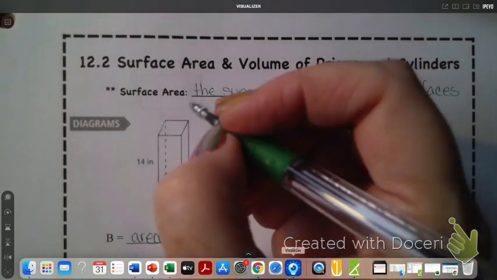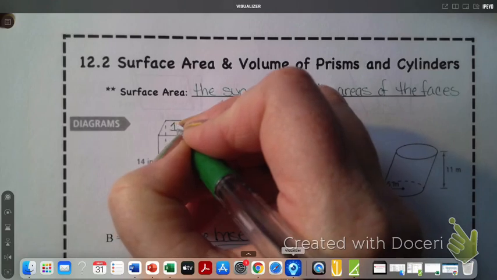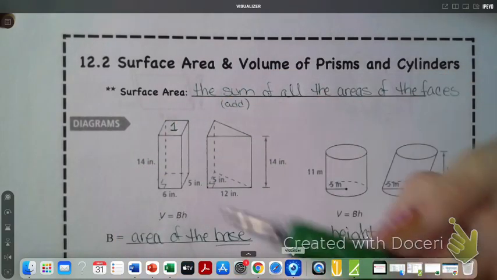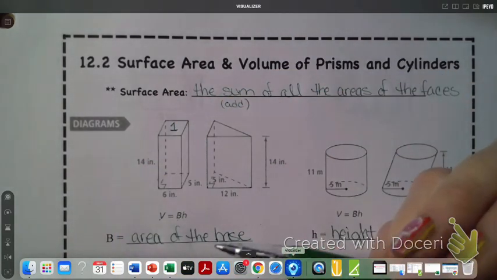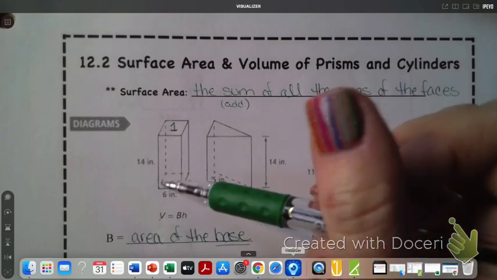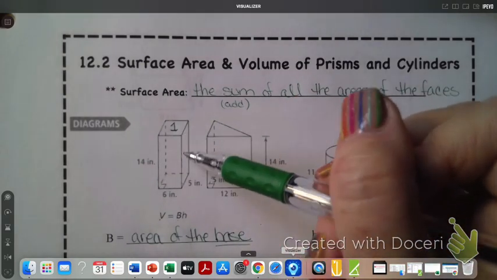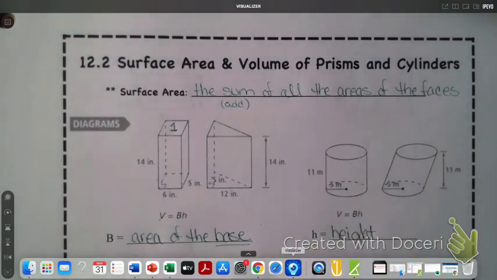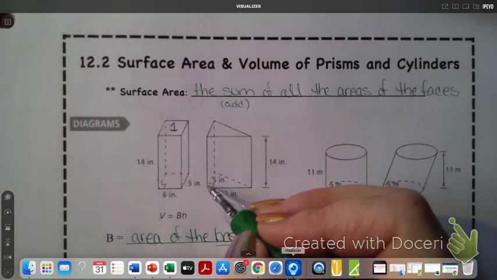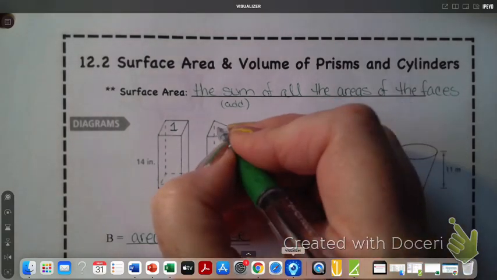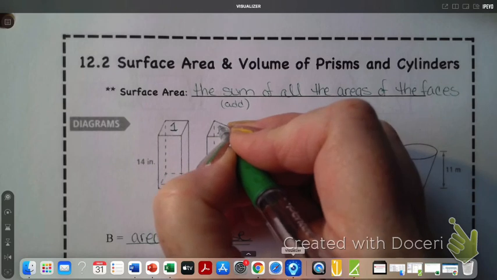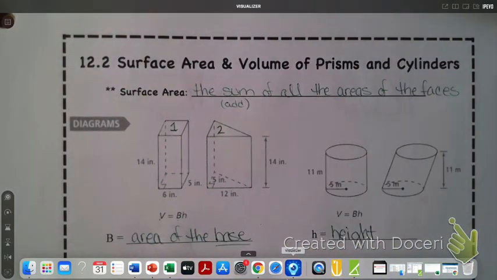So this first one I'm going to put as a 1. That is a rectangular prism because the base is a what? Rectangle. So that could be what's sitting on the bottom, but could it also be the side? Could I put it on its side? Is that still a rectangle? Yeah? Okay. What shape is this bottom? Triangle. So this is shape 2, and it is a triangular prism.